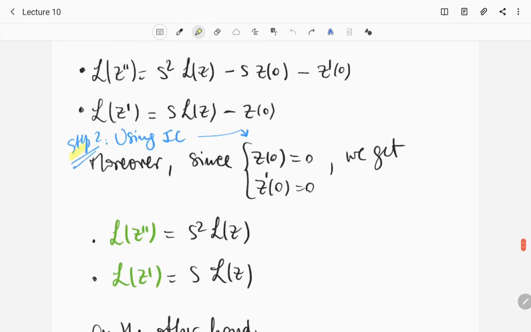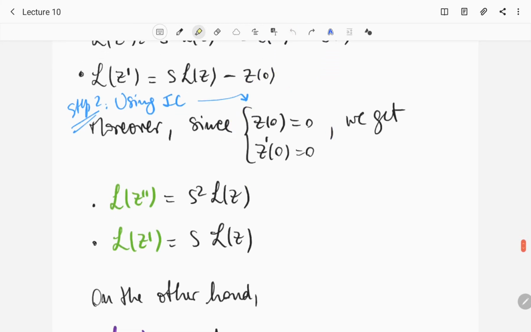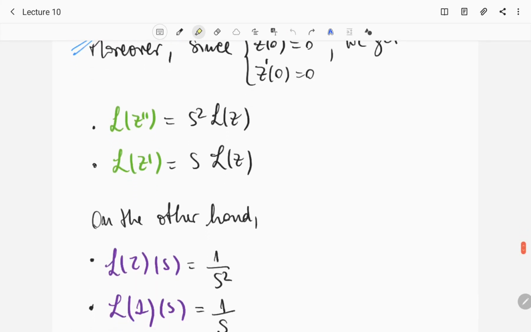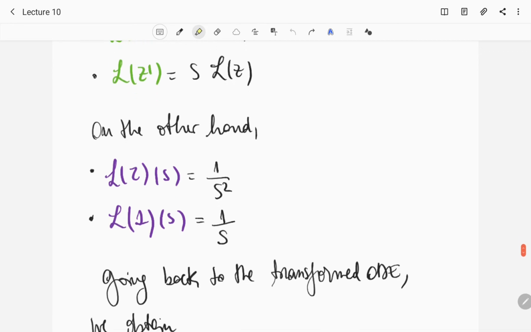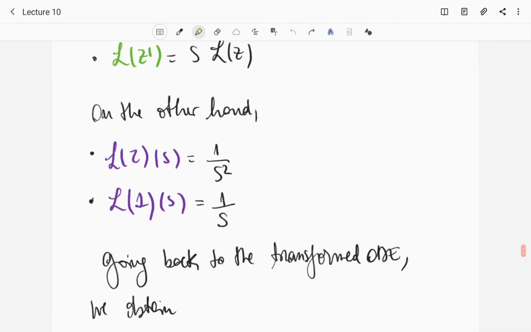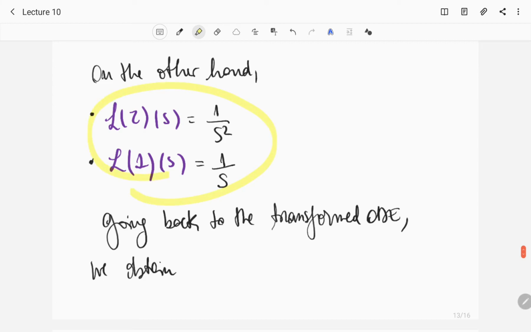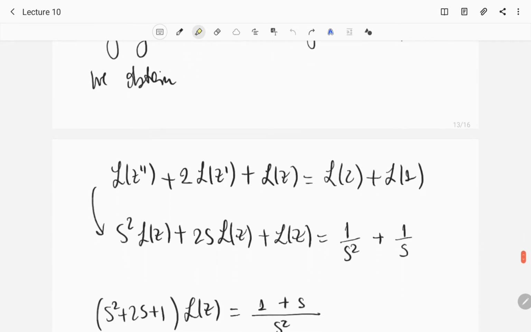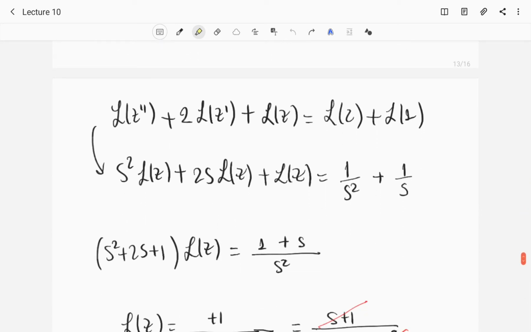well, this is already step 2, where we use the initial conditions. So we already know this is 0, this is 0, this is 0. So at the end we will have these two identities. Replacing the information in the ODE, once we Laplace transform it, with these well-known Laplace transforms, what we get is exactly this.